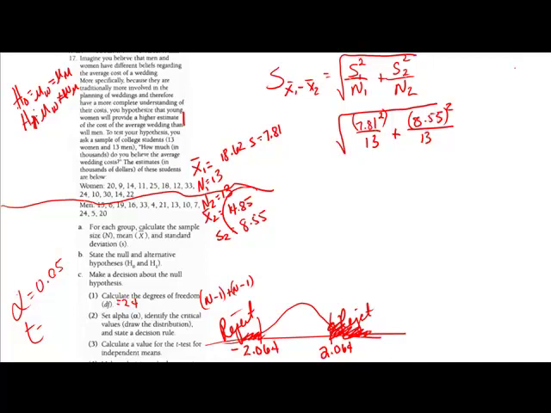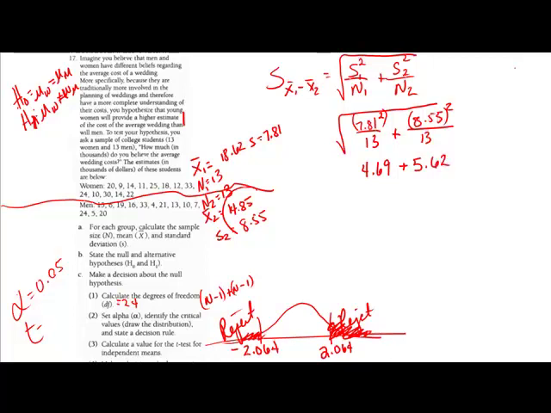7.81 times 7.81 is 60.99. Let's go ahead and divide that by 13. We get a 4.692. Let's go to the other side. 8.55 times 8.55 is 73.10. Divide that by 13. You get a 5.623.